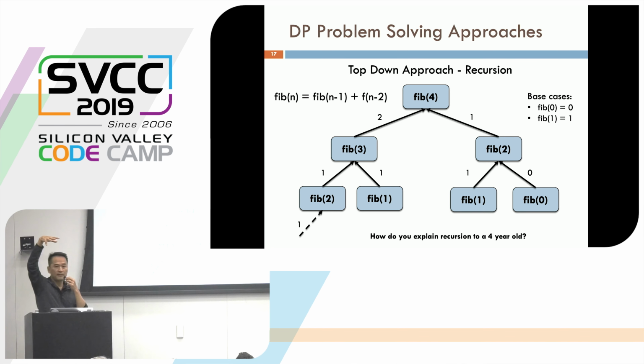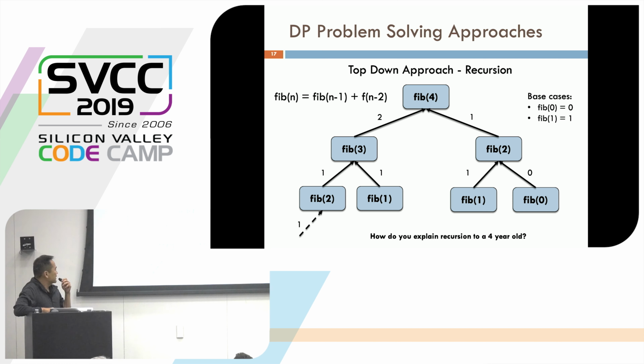Then it's just going to go from the top down to the bottom where it reaches the base case, essentially. So that's the approach of top-down. And usually it's recursion. You can kind of associate the two together. Recursion, because the problem gets smaller and smaller until it reaches the base case.